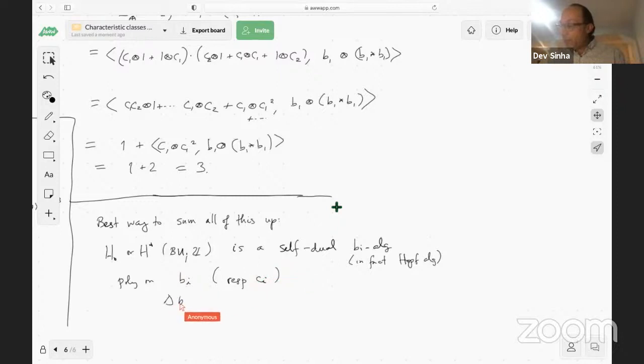And the coproduct of Bk is the sum over i plus j equals k, Bi tensor Bj, or similarly for the Chern classes, the Whitney Sum Formula again. And it's kind of interesting that there is this self-dual bialgebra around, and it is isomorphic, but the pairing of it with its dual is not Kronecker, and it is isomorphic.